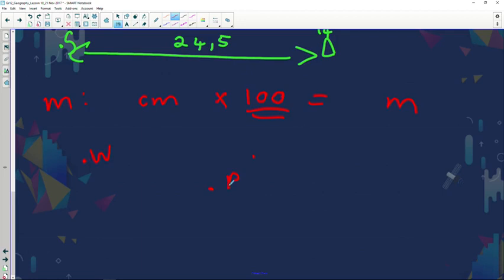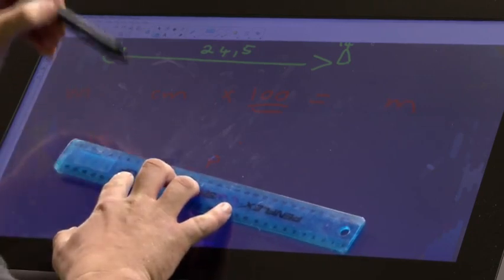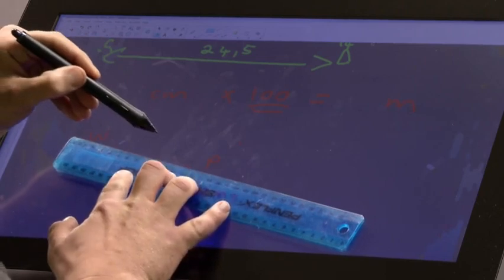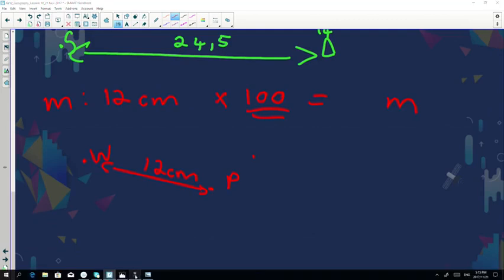You use your ruler. You measure the distance between the two from there to there, and I get 12 centimeters. So it's 12 centimeters times 100. Go to your calculator.